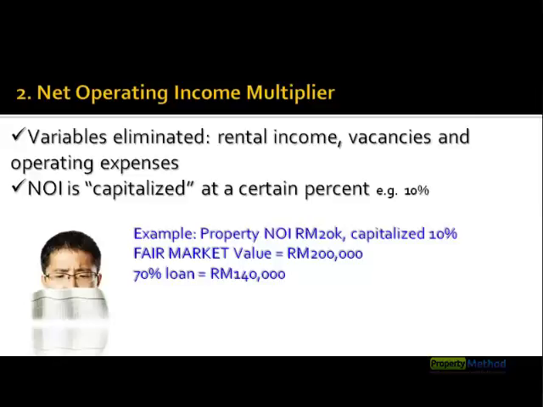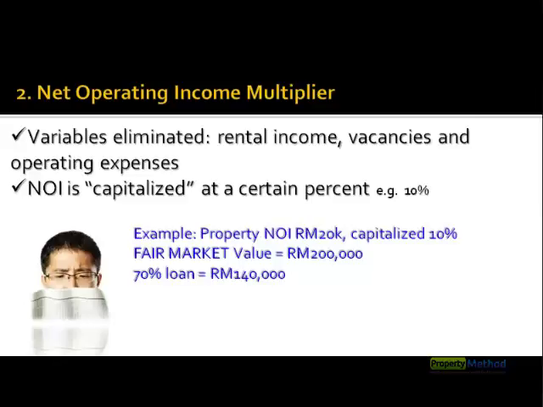So we can now see why an understanding of net operating income is important to us. The amount of money that the bank lends to us is practically based on the net operating income multiplier of the property, or NOI. And the multiplier that the bank uses here is actually derived from the capitalization rate that we discussed in the previous method.